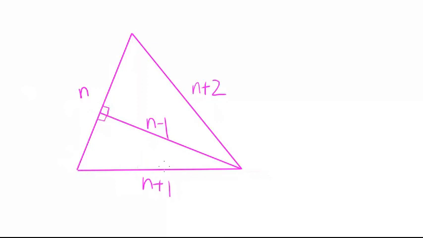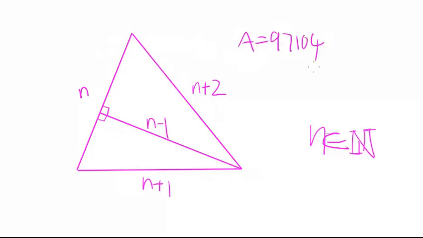We're looking for triangles like this, and n has to be an integer, a natural number. So it draws fancy n. I'm bad at drawing fancy n's, but you get it. And one of these triangles has an area of 97,104.